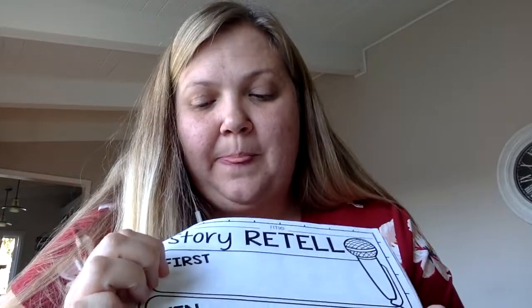All right, boys and girls, go ahead and get your packets ready for this page, and let's practice. What happened first in the story? First, make sure you're using a complete sentence. And if you don't know how to spell something, you can always go back and look for it in the writing.